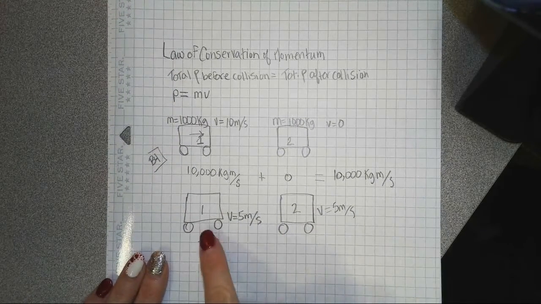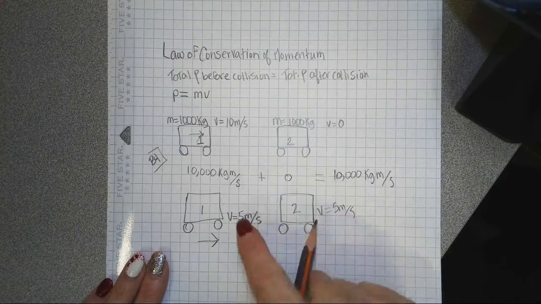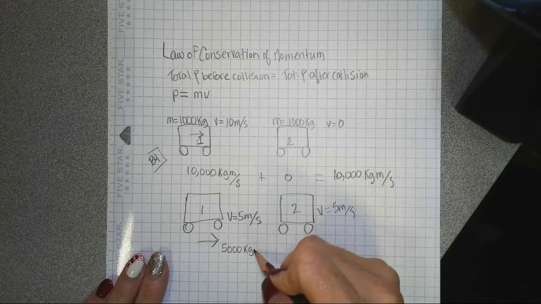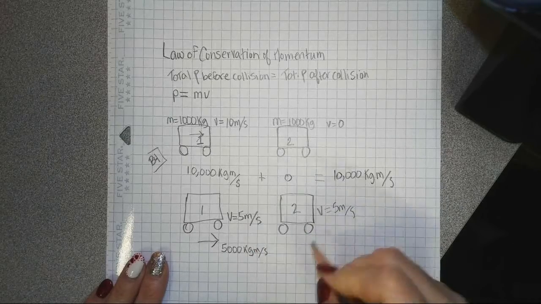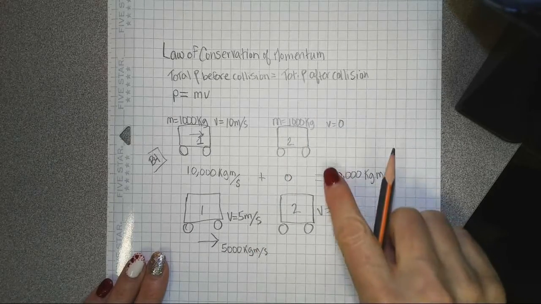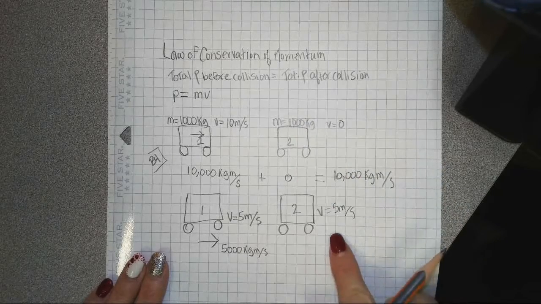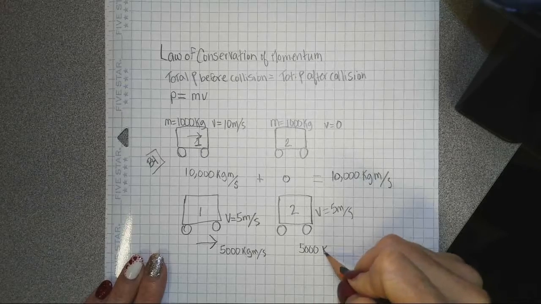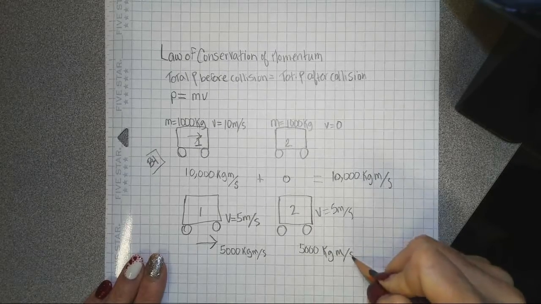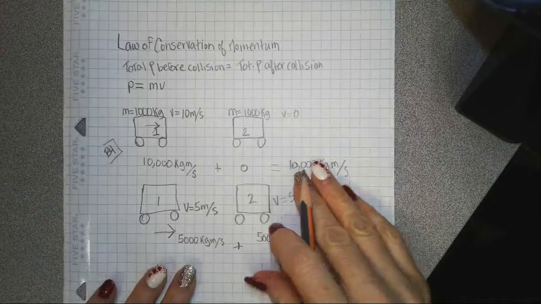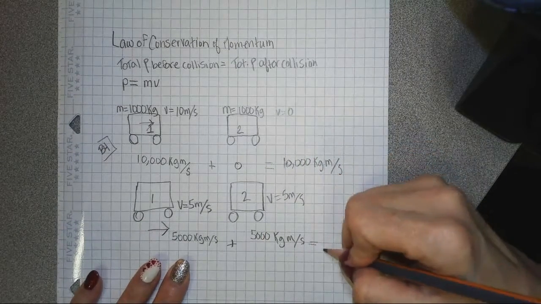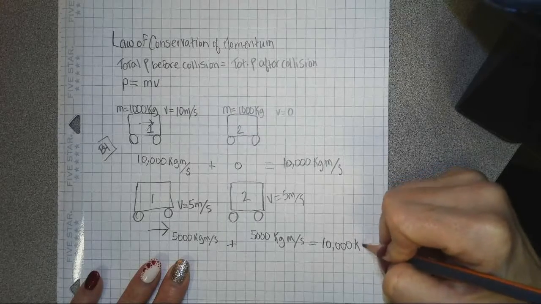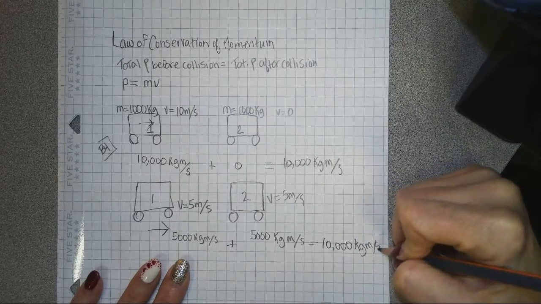So the momentum of car 1 is now 1,000 times 5, or 5,000 kilogram meters per second. And the momentum of car 2, again, still 1,000 kilograms, is also 5,000 kilogram meters per second. So when we add those together, the momentum of both cars is still 10,000 kilogram meters per second.